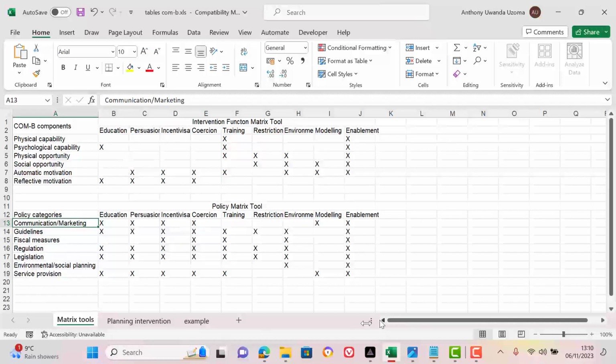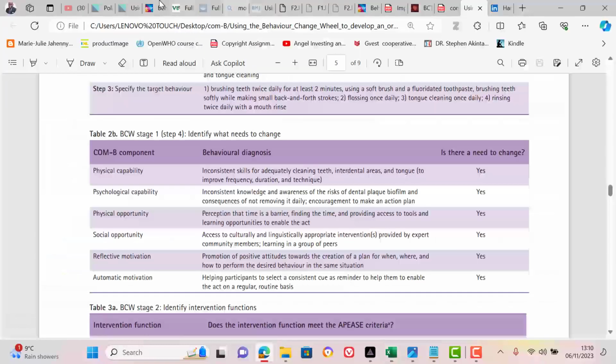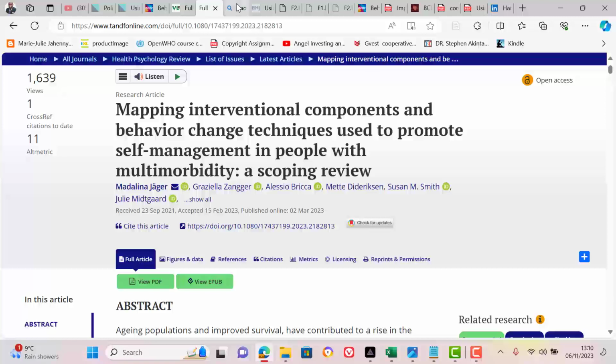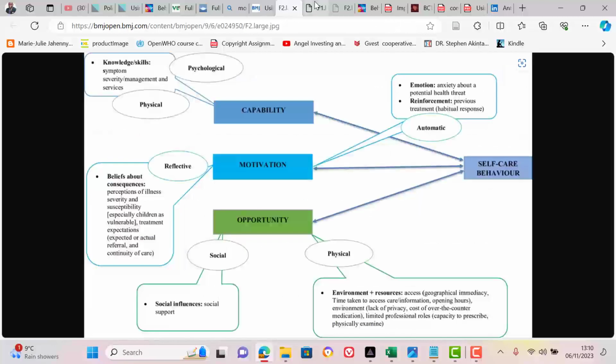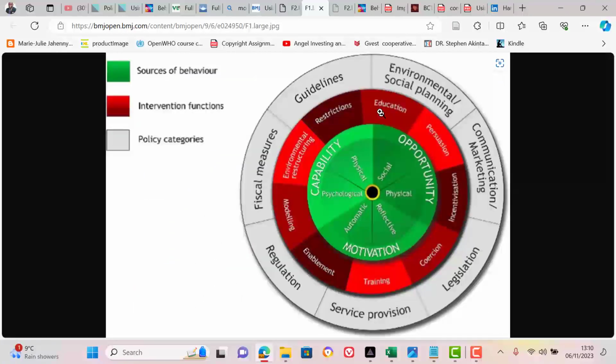Instead of using the behavior change wheel the way it is, you can see that there are some overlaps here. Using the matrix tool helps me so that I will not be making guesswork on a mapping. Some of the policies and interventions overlap each other. Can you see this one here? Capability overlaps in restriction and education. Because of that, I need to use a matrix to have a clearer picture.